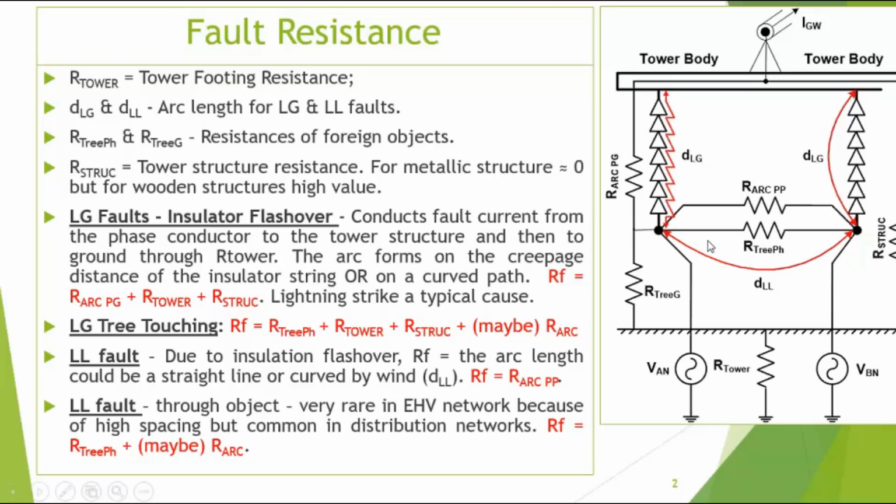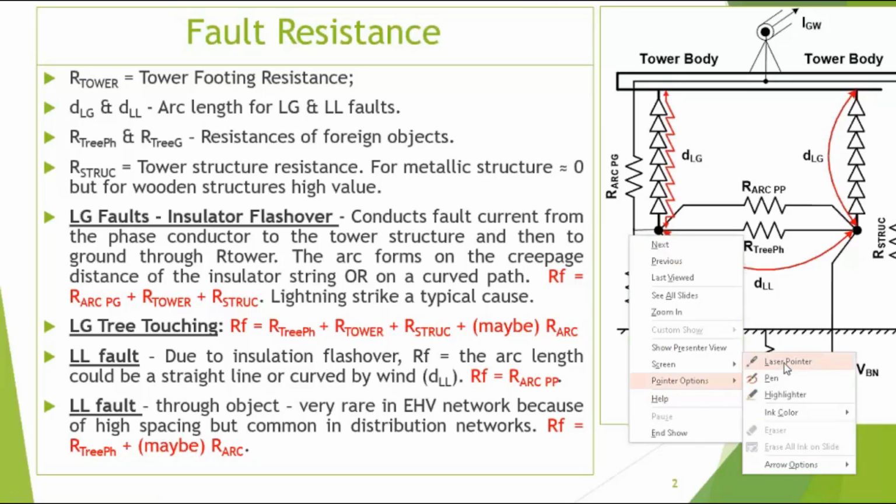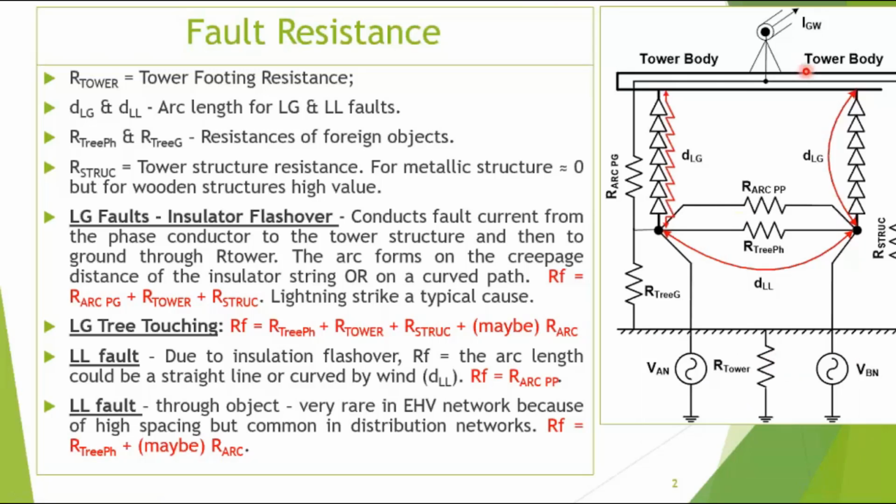So in a face-to-face fault, this is the equivalent circuit of a tower and a bushing. Let me use the laser pointer. This is the equivalent of a tower carrying conductors. These two are the insulator strings.